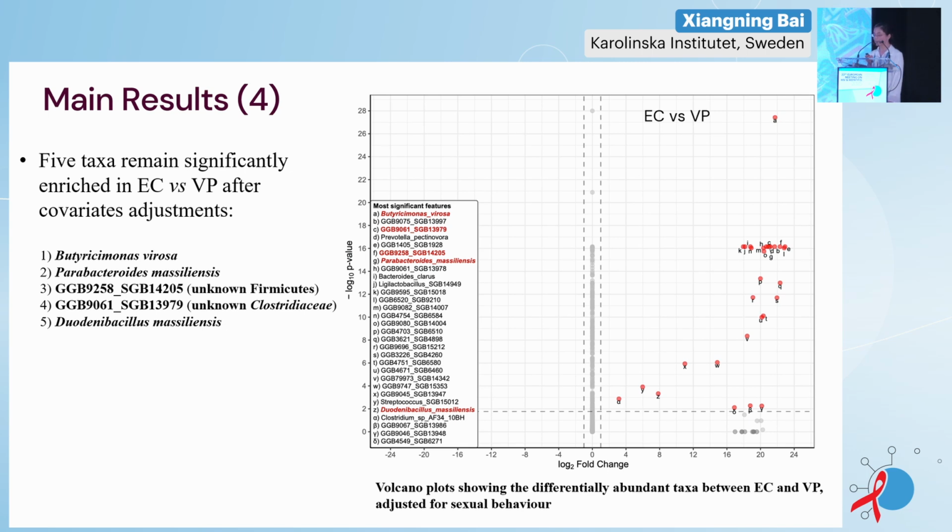Among those, 2 are unknown species, actually unknown even at the genus or family level. The other three have just been recently reported, and there is no study about their function. Actually, for the first one, there is a study that showed this bacterium can protect against metabolic disease in mouse models. Otherwise, there is no functional study.